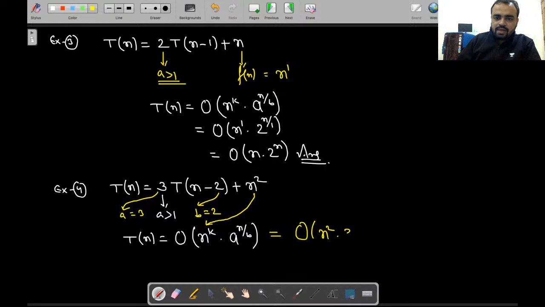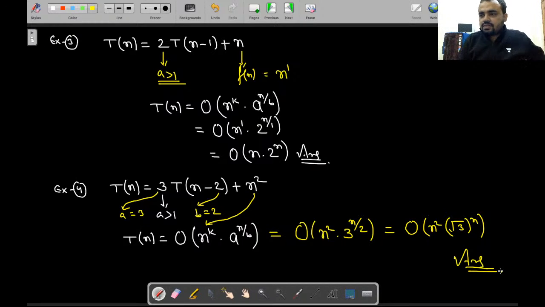The value of a is 3, to the power n by b, and the value of b is 2. So you can write order of n square into 3 to the power n by 2. This will become the final answer.